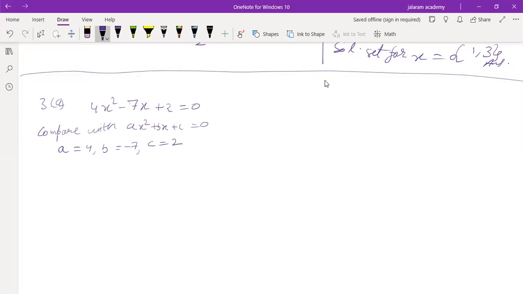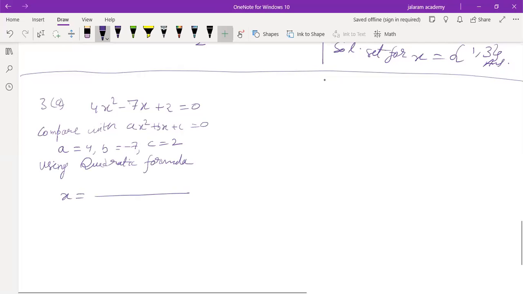Okay. So using Sridharacharya formula, or we can also write quadratic formula, x equals, the formula is minus b plus minus root of b square minus 4ac upon 2a.